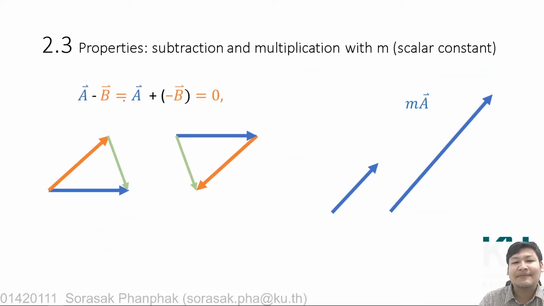So how about the subtraction and the multiplication with the scalar constant? If you have the vector A as the blue arrow here, and you have the orange line for B, if you would like to do A subtract B, the resultant of the vector A subtract B is this green arrow.